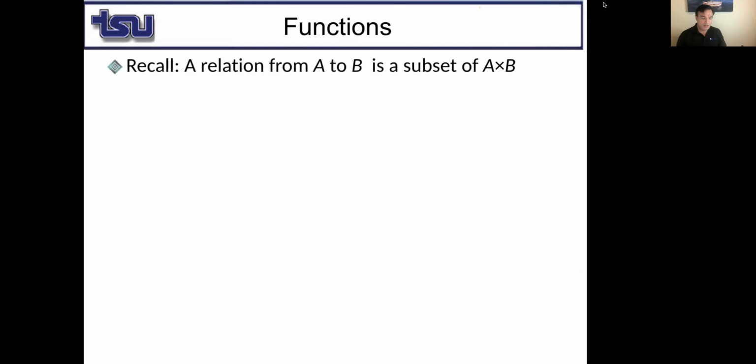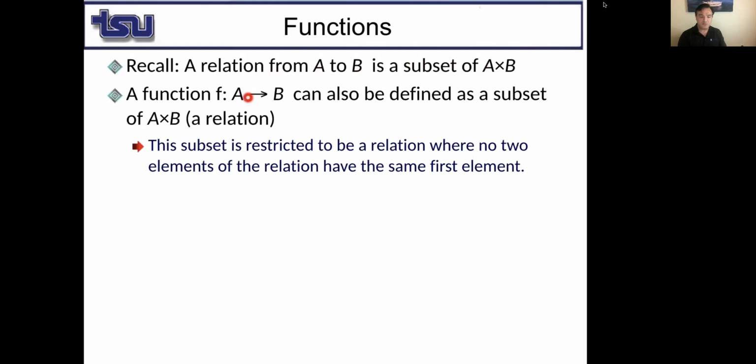Remember, a binary relation from A to B is a subset of A cross B, right? Similarly, a function from A to B can also be defined as a subset of A cross B. However, there's a restriction in this relationship.